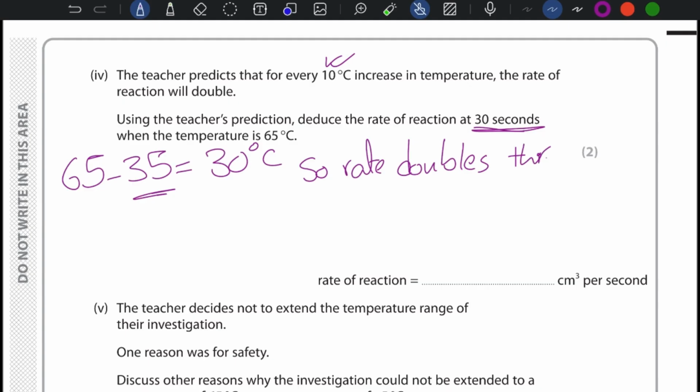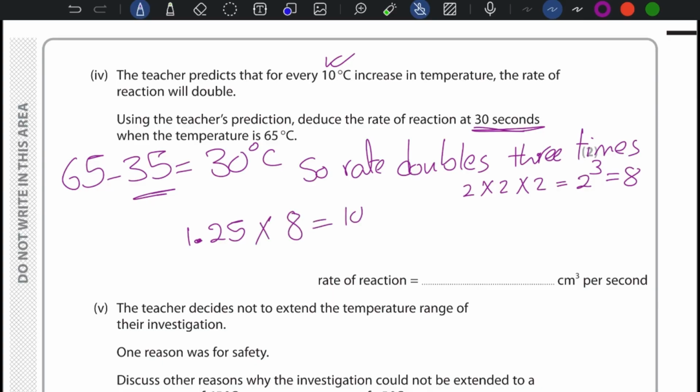This means 2 times 2 times 2, or we can say 2 power 3 is equal to 8. We just found the rate 1.25, multiplied by 8 is equal to 10. So the rate of reaction will be 10 cubic centimeter per second.